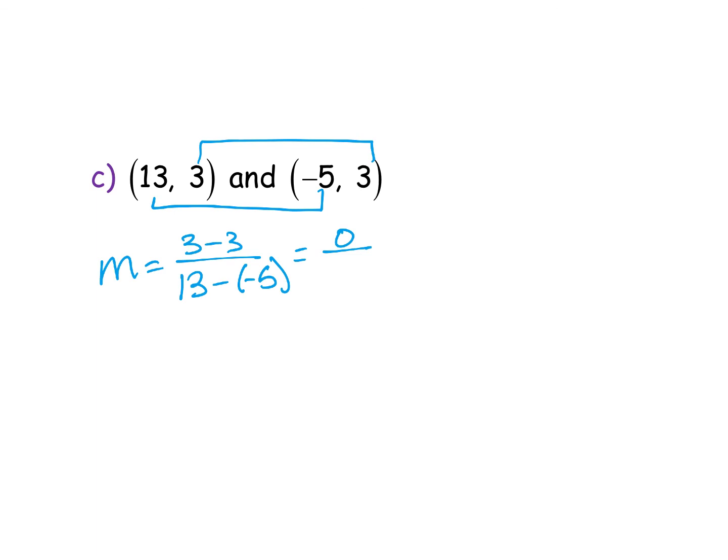And 13 minus a negative 5. Oh, wait. I'm dumb. Minus minus is plus. So 13 plus 5, 18.